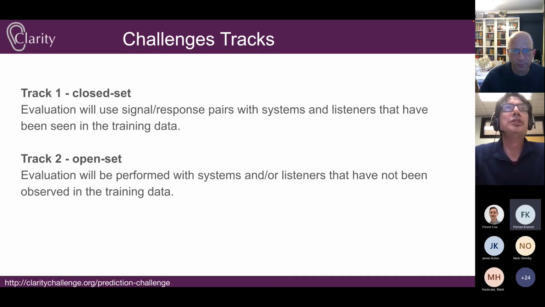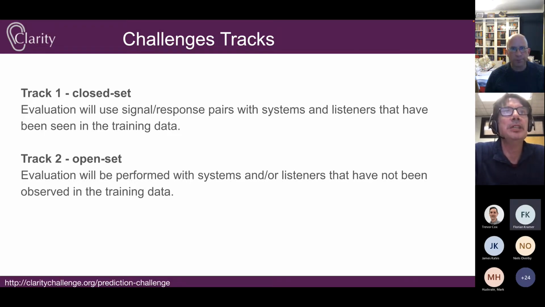We are splitting the challenge into two tracks. Track one, which we call the closed set track. In this, the evaluation will use signal response pairs with systems and listeners that have been seen in the training data. So the eventual evaluation data will be the same hearing aid systems and the same listeners that you've had access to in the training data.